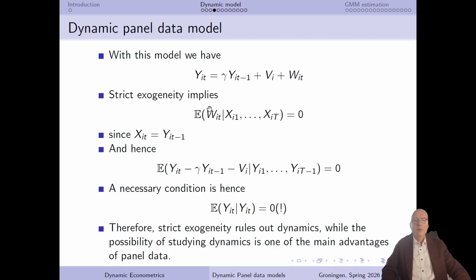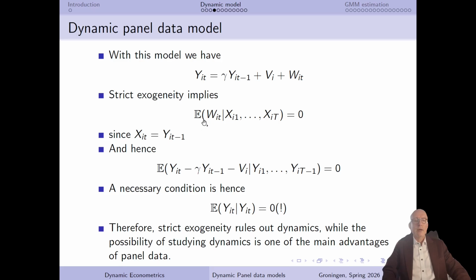And we do already know that strict exogeneity implies that w_it is going to be uncorrelated to v_i and any of the x_i's that we have over here, so running from x_i1 till x_iT. Well, this relationship that we have over here isn't therefore strict exogeneity, but in order for strict exogeneity to hold, of course, at least w_it should be uncorrelated with any of the x's.